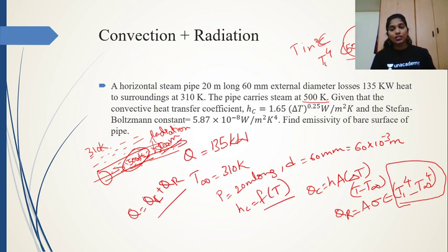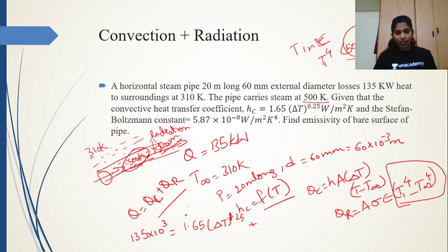So from this formula, what are the heat losses? We already have the data about heat losses, right? So the equation will be 135 into 10 cube, which is equal to the heat transfer coefficient 1.65 into delta T power 0.5 into delta T, right? Means we can say delta T power 1.25 plus area.